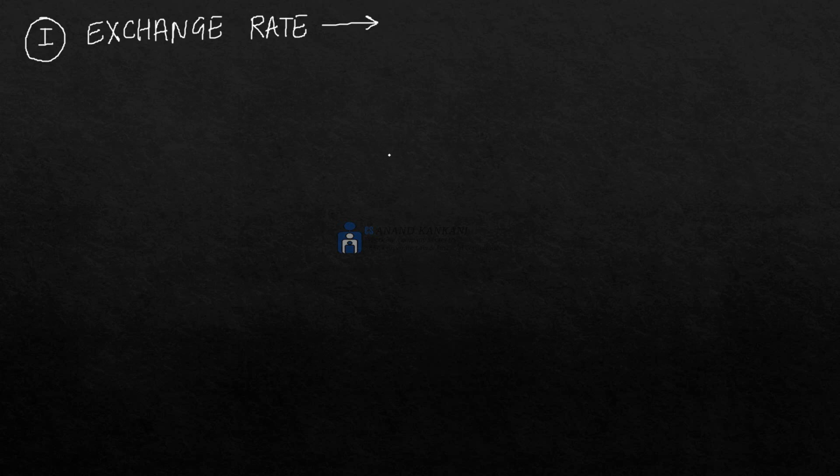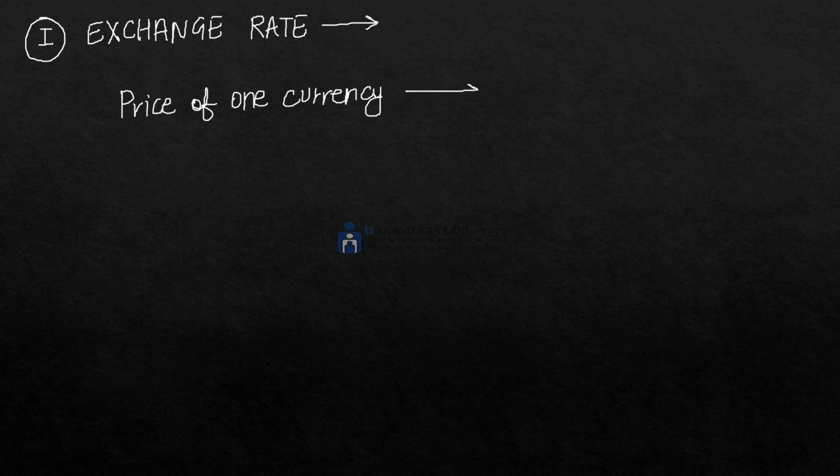So what is an exchange rate? When it comes to currency, it means what unit of your home currency is equal to the foreign currency. Basically, exchange rate is the price of one currency expressed in terms of another currency.